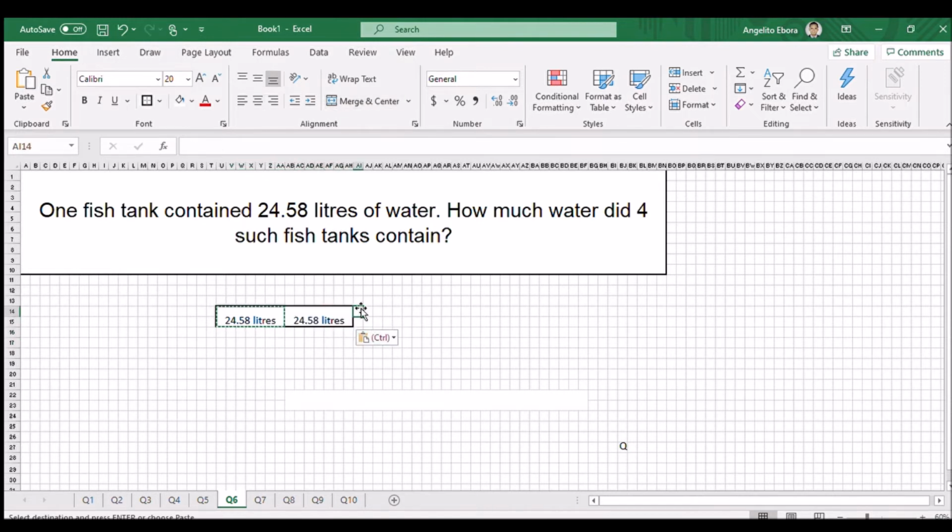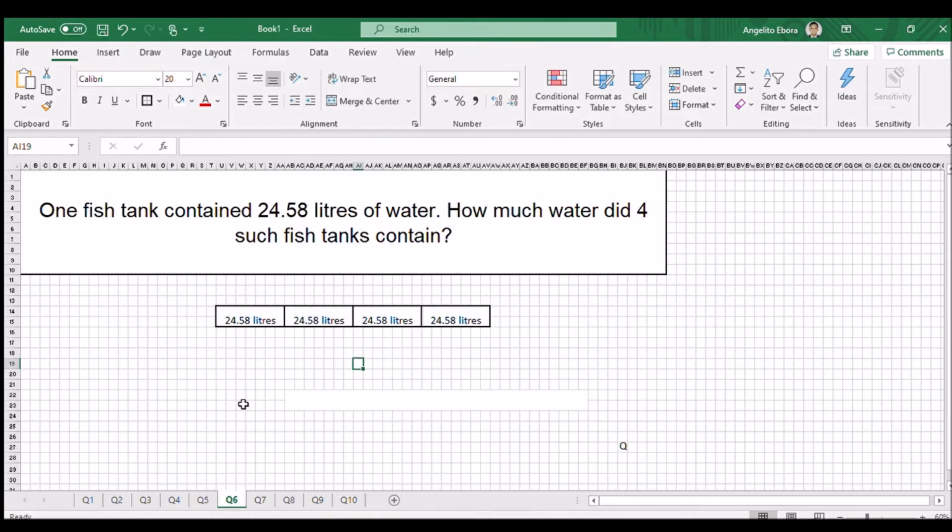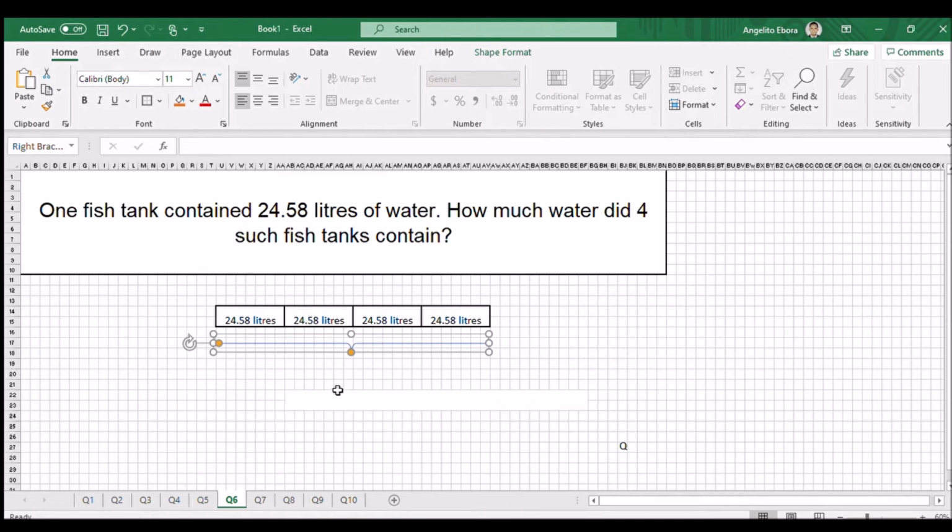So we still have 4 tanks. All together, question mark here, because we're looking for the water in 4 such fish tanks.